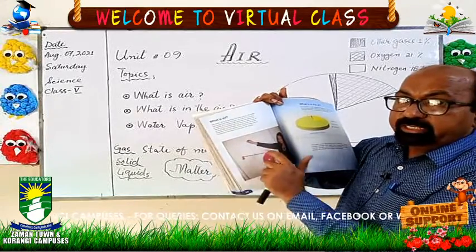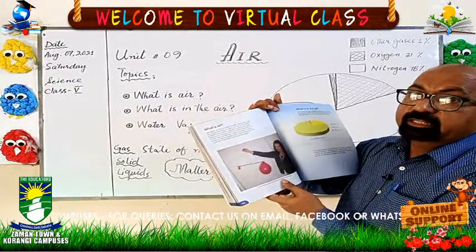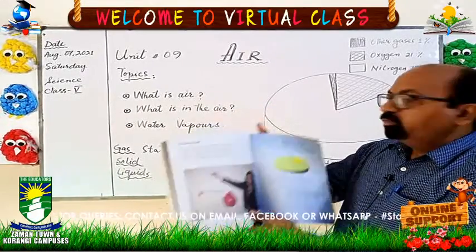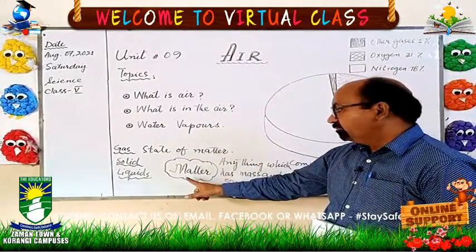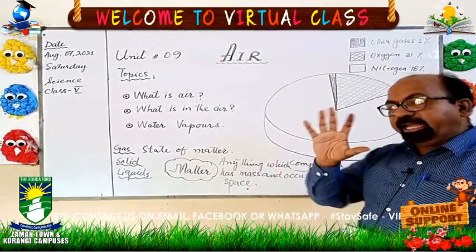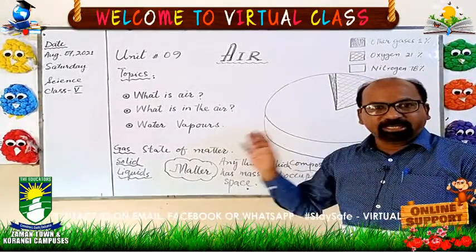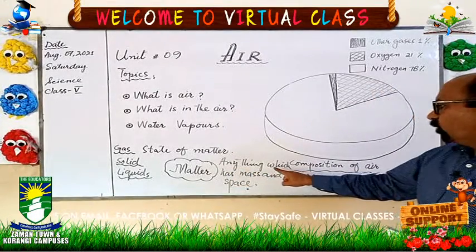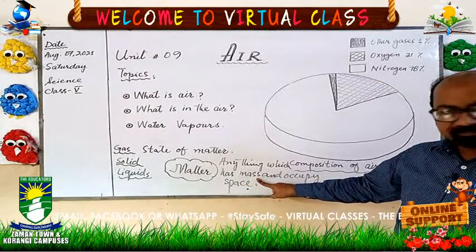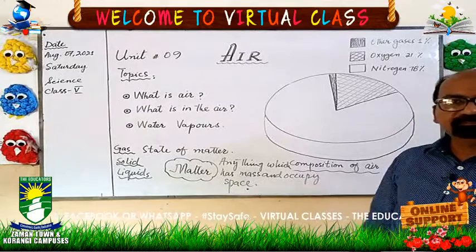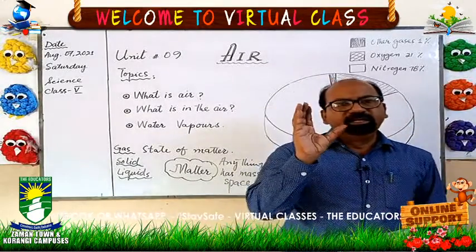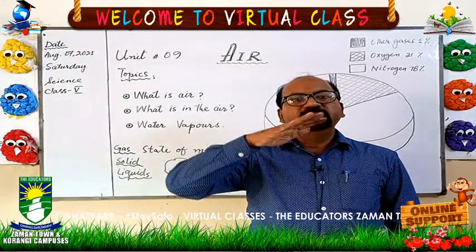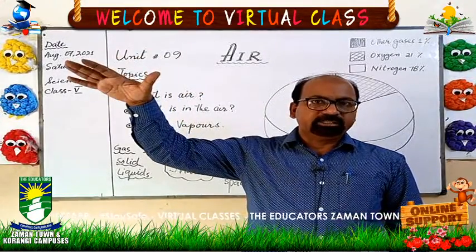Now you can understand the properties of matter. Matter has two properties. If anything has these two properties, it can be called matter. One is that it has mass and occupies space. There is a little bit of difference between mass and weight, but it will be clear in higher classes.